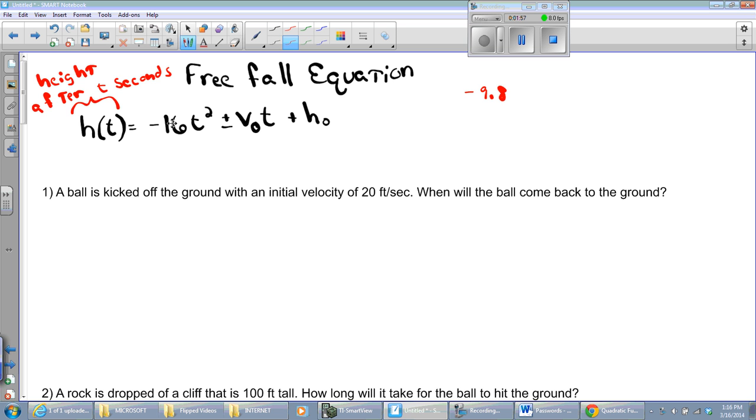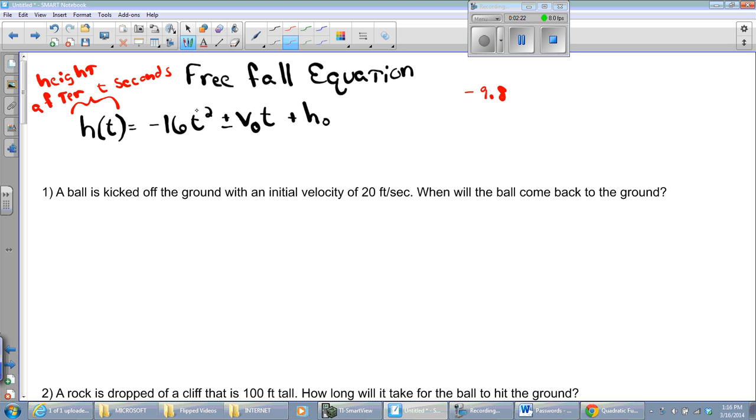Now, it's not just made up, it's done through observation and calculations and things called calculus. We're not going to go into the derivation of this. It's been too long. I probably couldn't tell you exactly where it comes from, but I can tell you that everything on the Earth falls at 32 feet per second squared in a vacuum. It's neglecting air resistance.